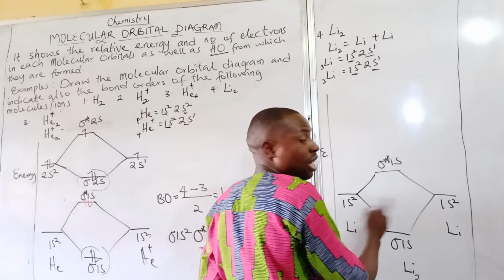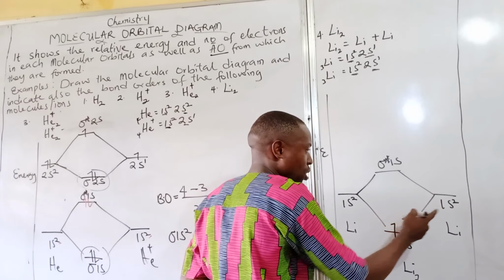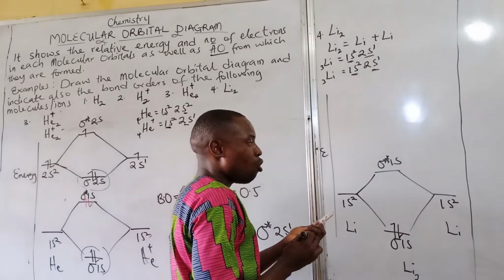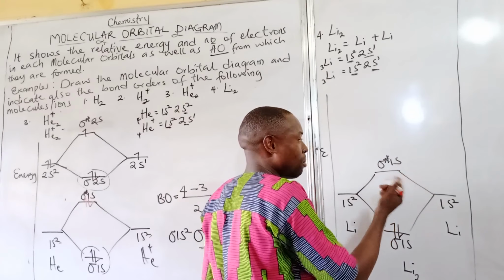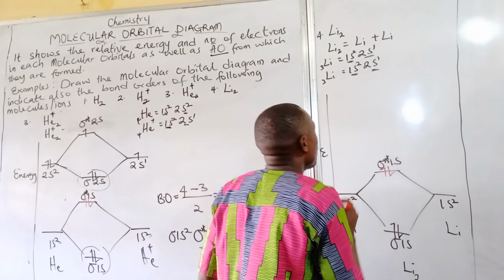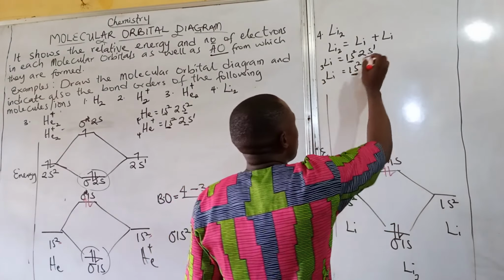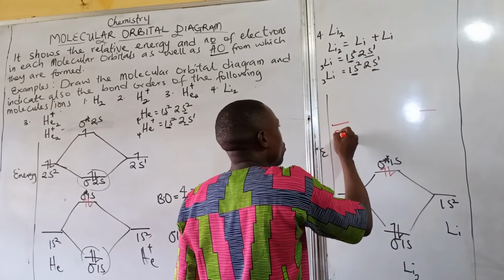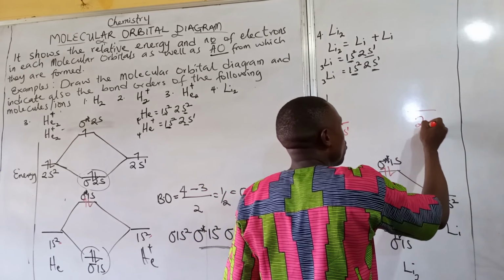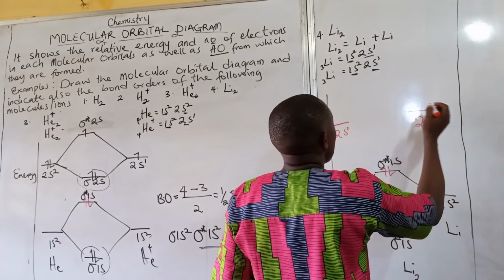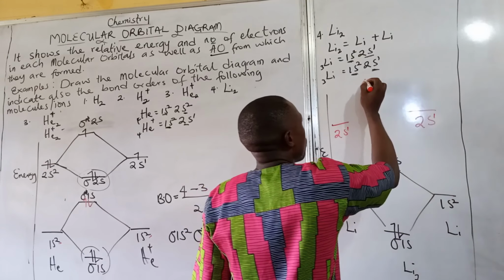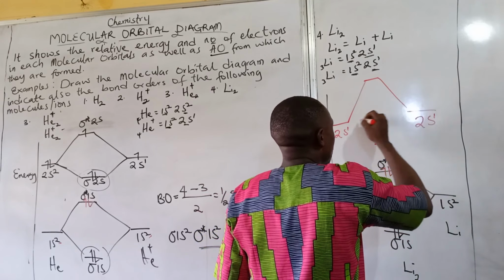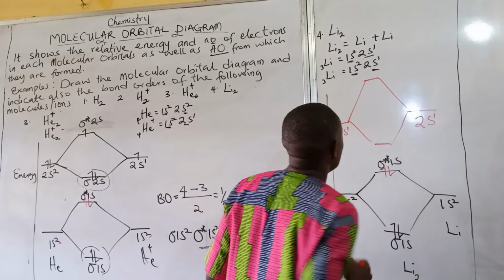Now when these two interact, of course, we're having 4 here. So you just have to fill 2 here first, and the remaining 2 fill the anti-bonding. Then we'll move straight away to the other one, which is 2s again. Here is like this. There is 2s1, there is 2s1. So something of this nature.